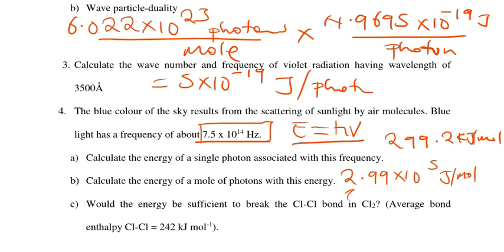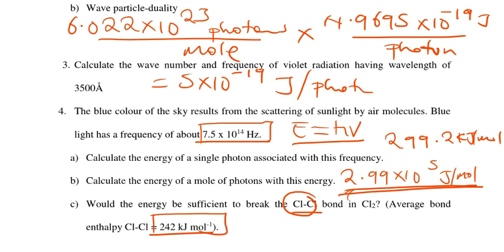Then C says, would the energy be sufficient to break the chlorine to chlorine bond? By the way, you don't need to convert to kilojoules per mole, you can leave it as is, but I've converted it because I wanted to compare it to this. The amount of energy required to break the chlorine to chlorine bond is given to be 242.